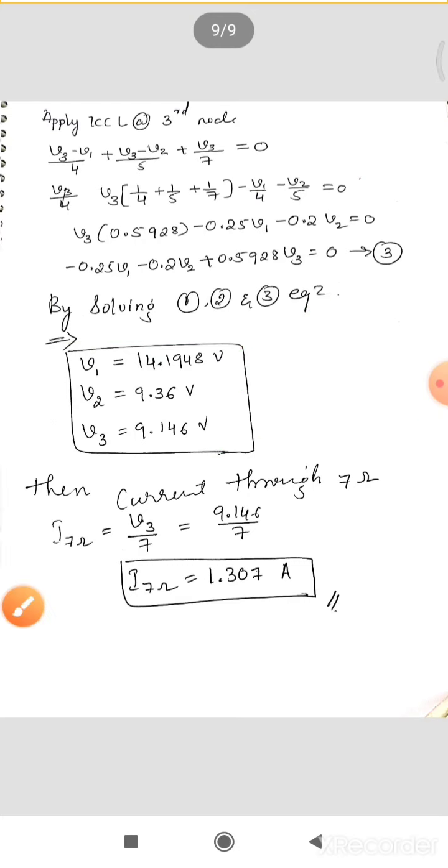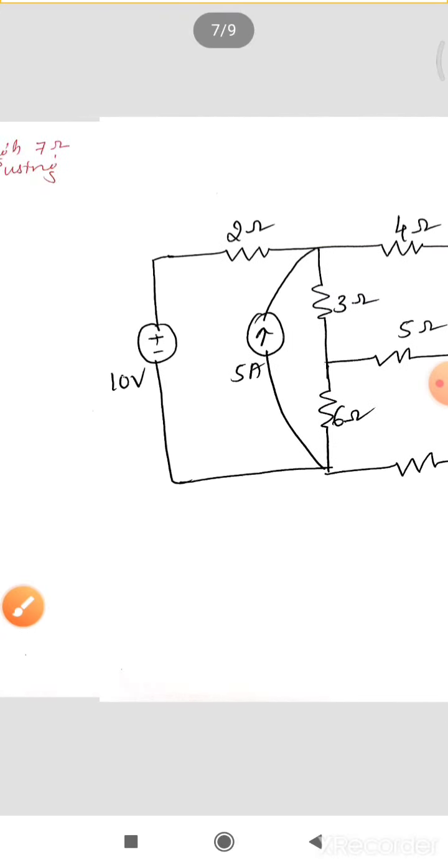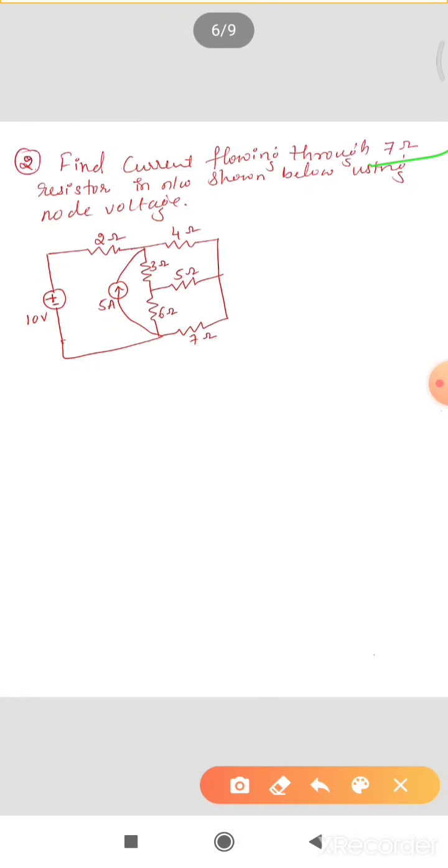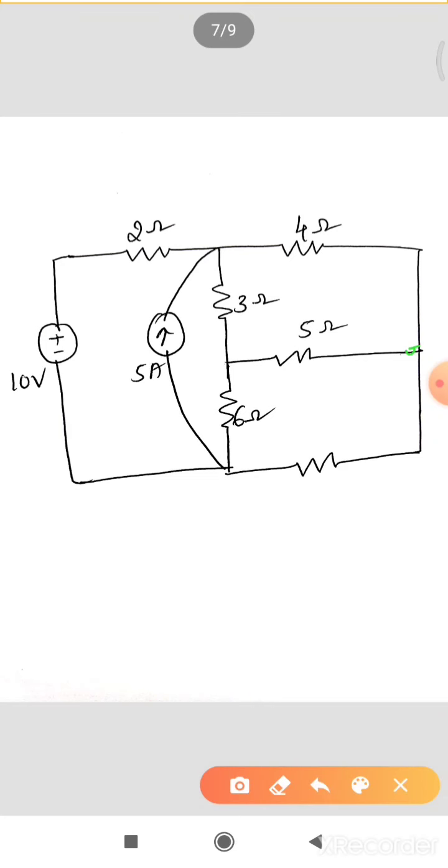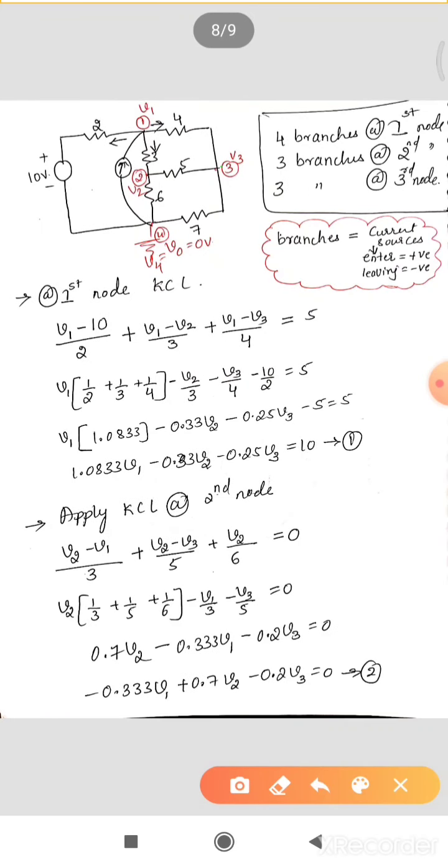What they have asked in the question is to calculate the current through the 7 ohm resistance. So let's calculate the current flowing through that resistance. Since we have taken this as V3, the current through this one will be V3 divided by 7 ohm. Current flowing through 7 ohm will be equal to V3 by 7, by seeing this branch.